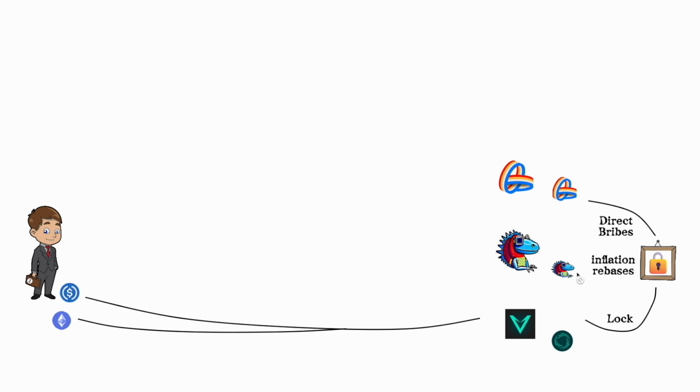It depends on the percentage, but let's say 30%. So maybe 100 tokens is minted for the rewards, and another 30 is minted and given to the NFT holders, so they're not inflating themselves too badly, okay. And you have to check each protocol. Each protocol will have different settings for this inflation bonus or inflation rebase.